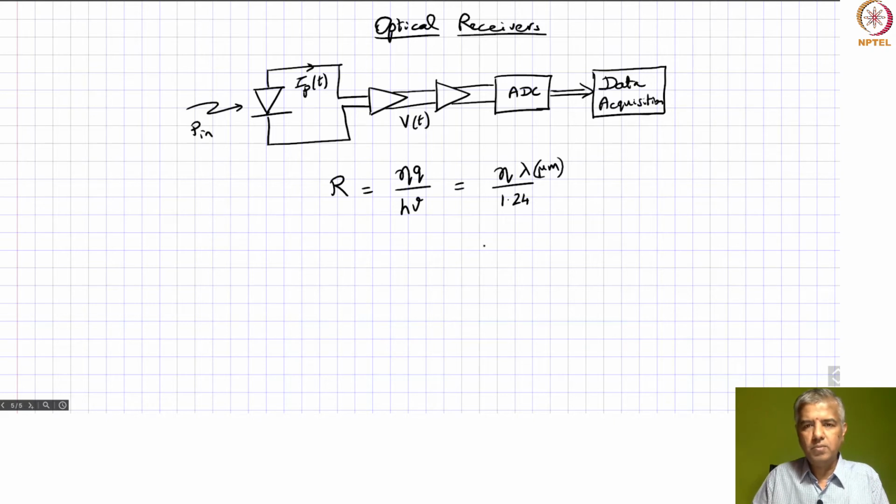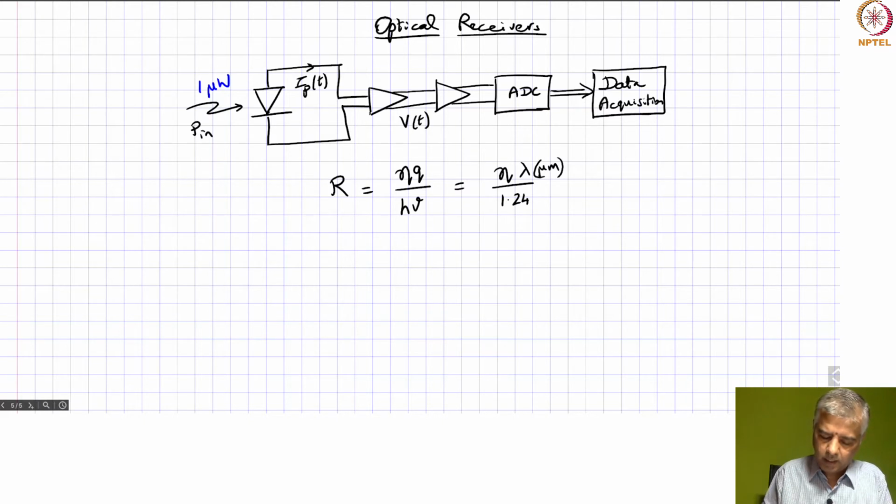Let us see what this means. If we have, let's say, a microwatt of light incident on this, then what is the corresponding photocurrent generated? Well, we can look at the responsivity of the photodiode for that.